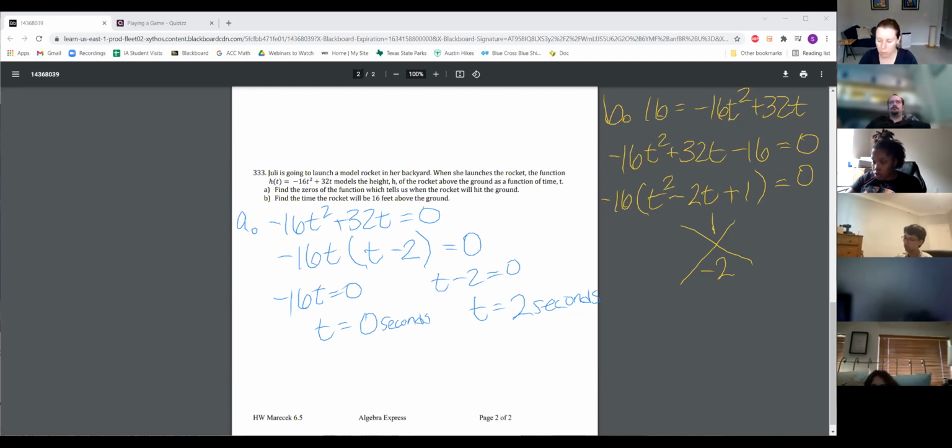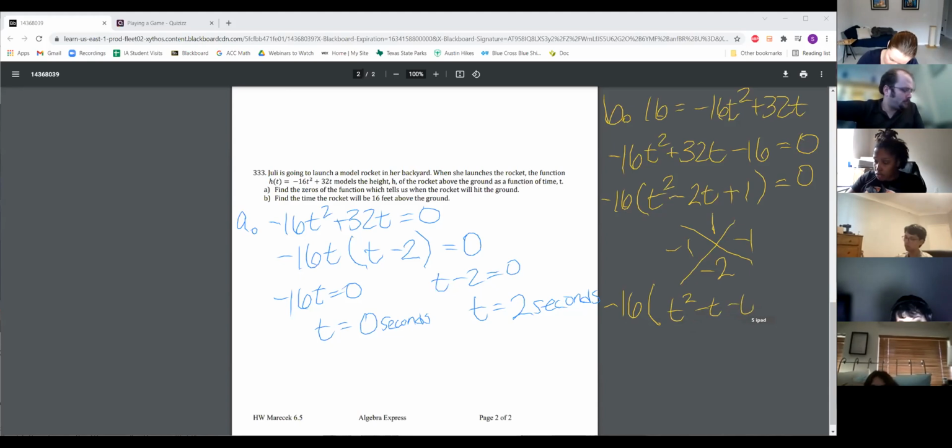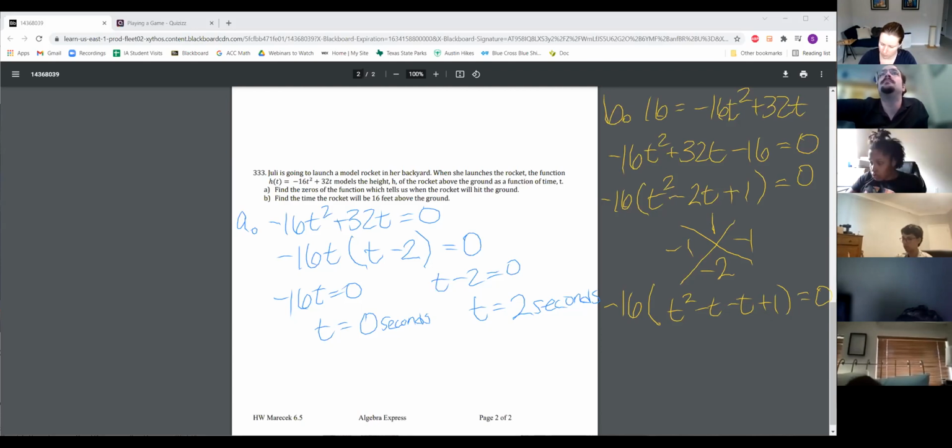But if I multiply 1 and 1, I don't get 2. Oh wait, no, it is going to multiply. Yeah, negative 1 and negative 1. You're right. Good. So then we're going to split it up, right? Yeah, and negative 16, negative 1. What's the term here? T. And then negative 1t. You don't have to put a 1 though. Ooh, yeah, I didn't get that far in the problem.